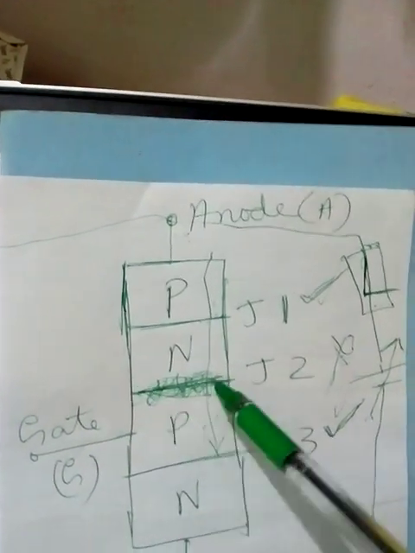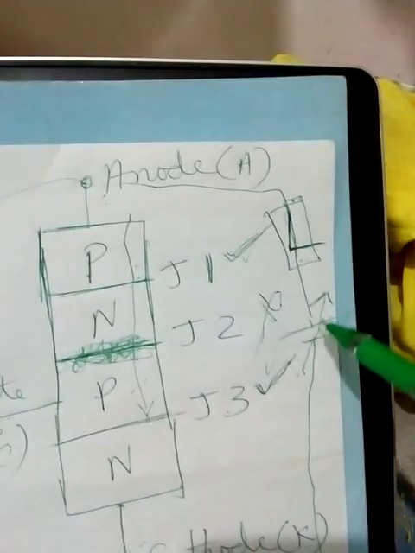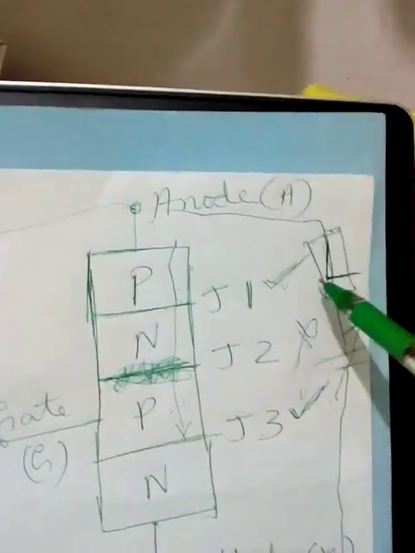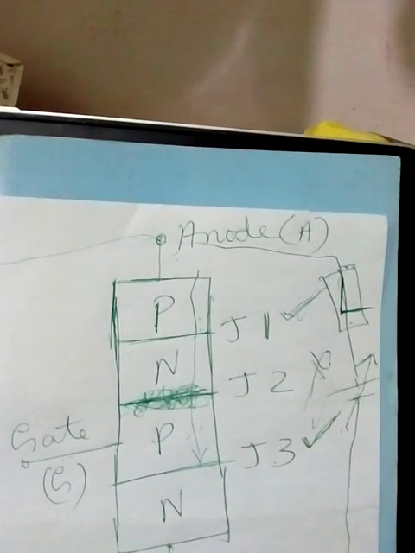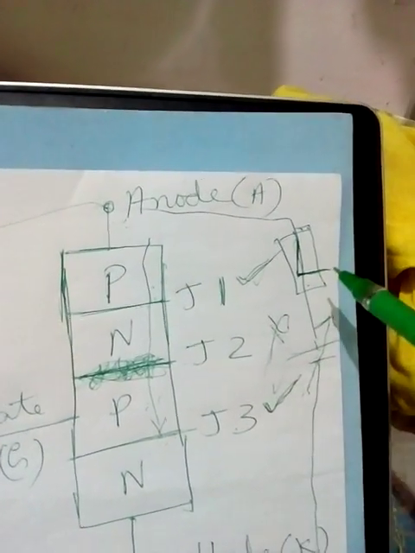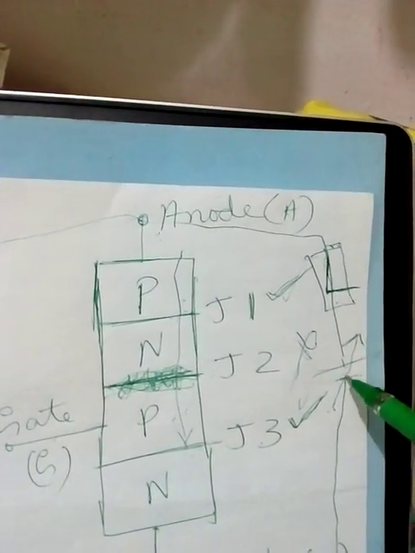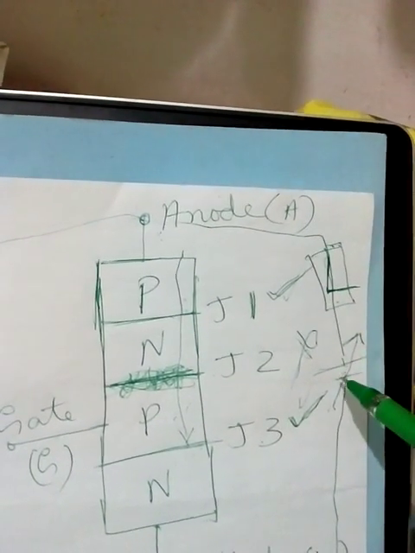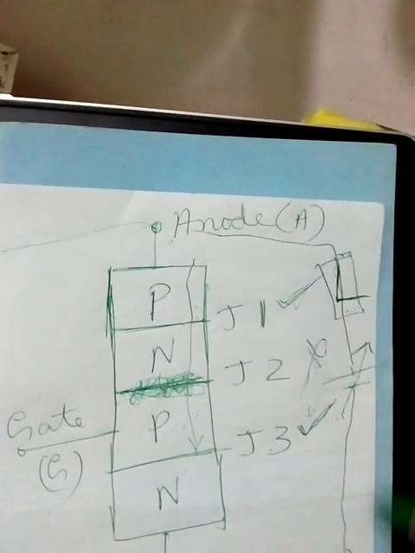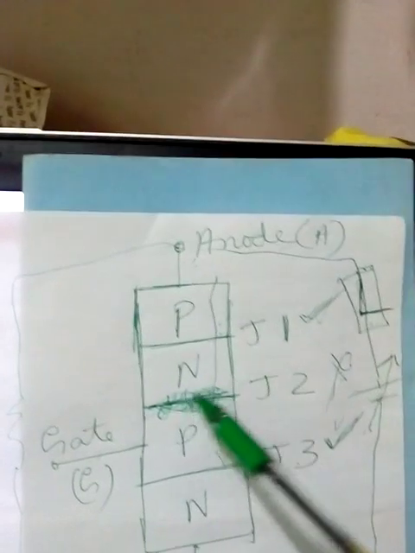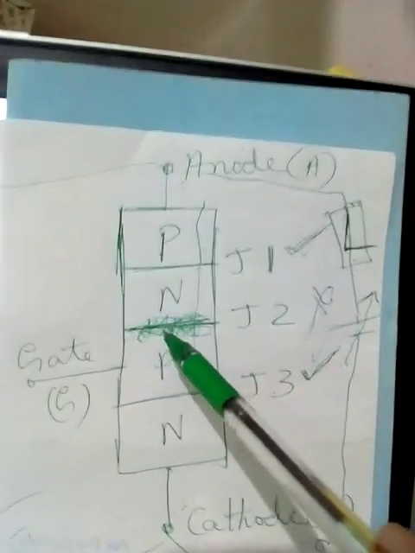This junction also now breaks down due to very high voltage. Now this SCR conducts, and the voltage across the load becomes almost equal to supply voltage. Heavy current flows here. The voltage across the junction becomes less than 1 volt.